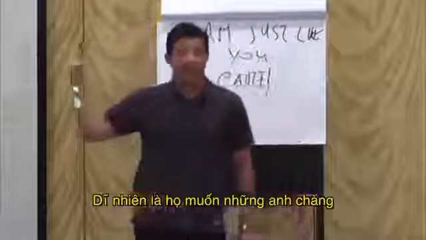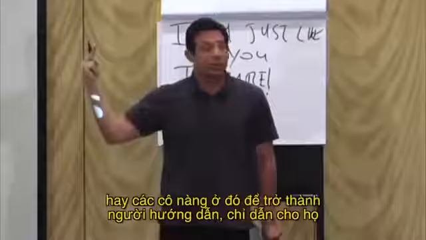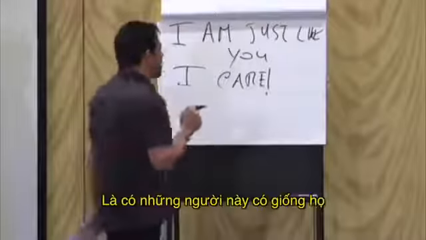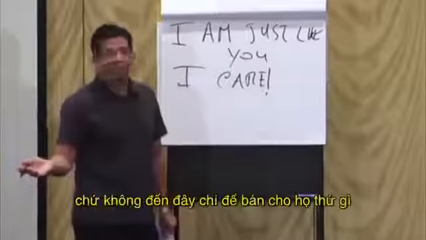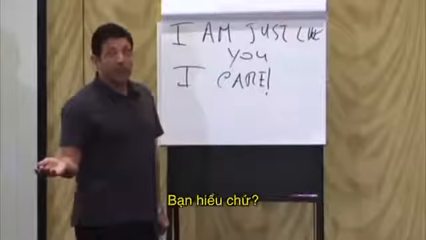They want that guy or girl to be their guide, their mentor. But what they also want is somebody who's just like them and somebody who gives a shit. It's not just there to sell them something. Get it?